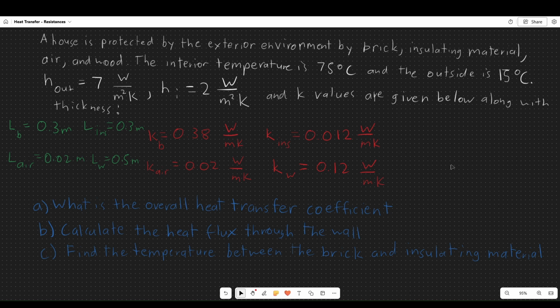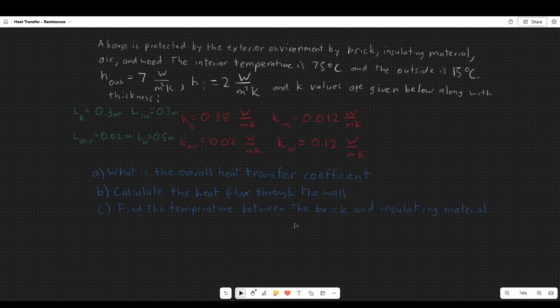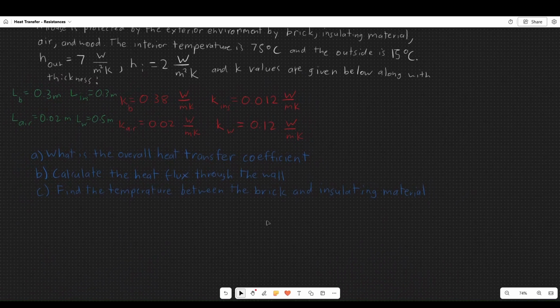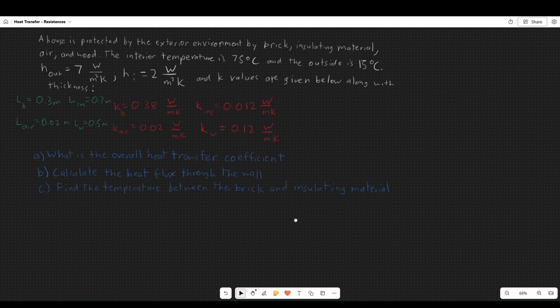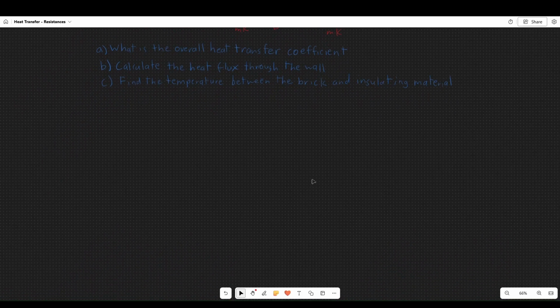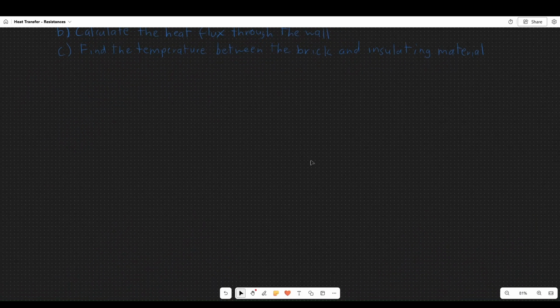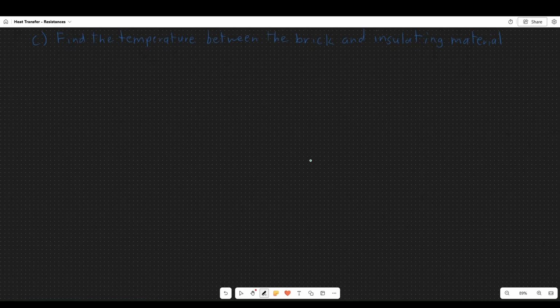Okay, so the first thing that we should do would be to draw an image of what we have going on. And so here I'll zoom out, and if we scroll right down, let's draw an image. So what we have is basically this wall, and we have four materials inside of it.